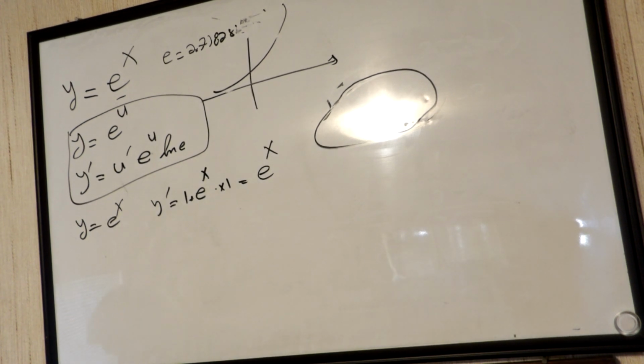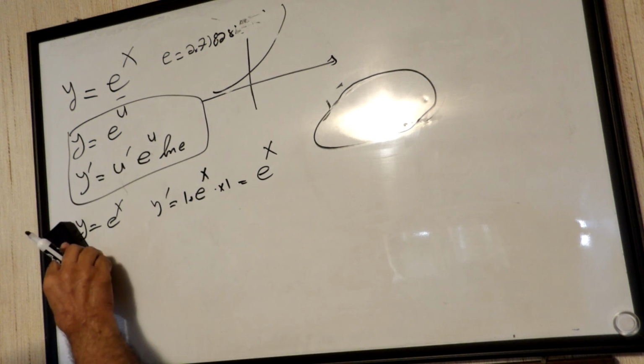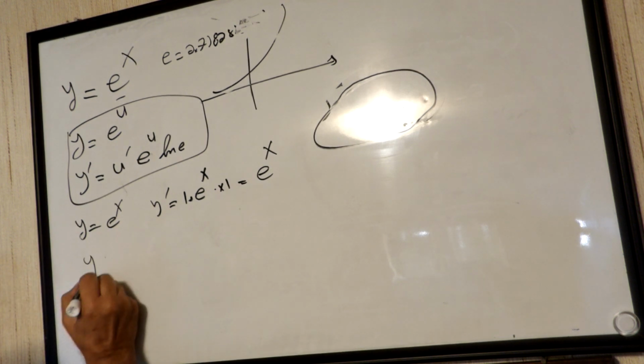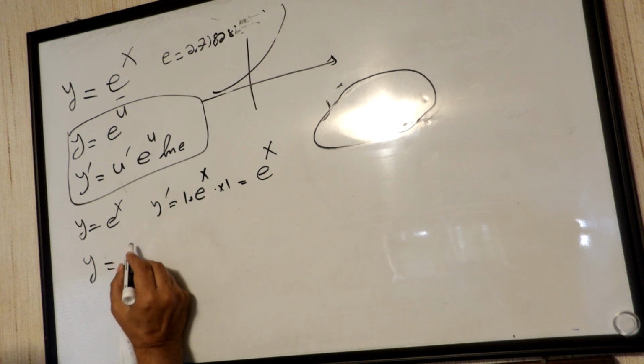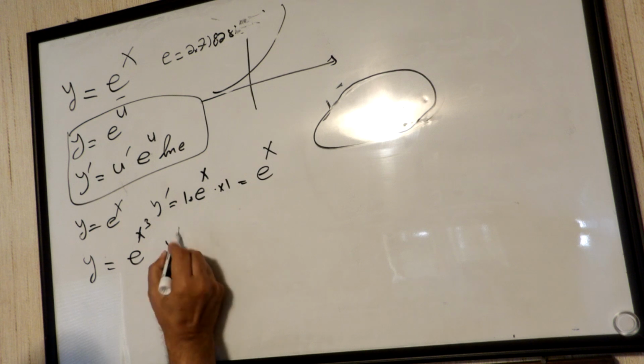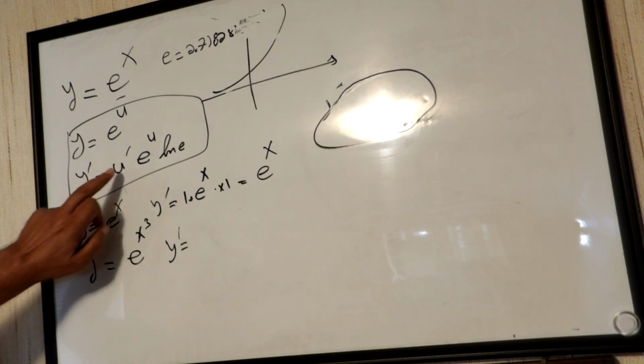Now, what about if we have e to the power of x cubed? What is y prime going to be? We get the u prime.